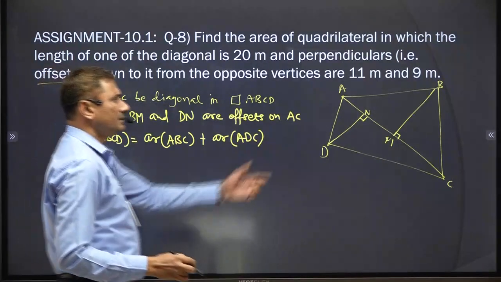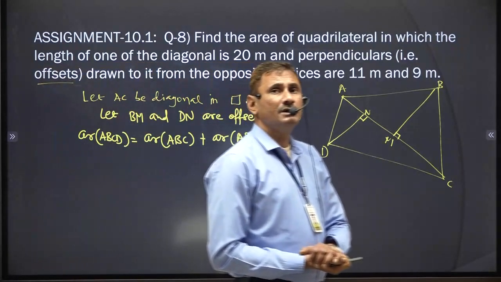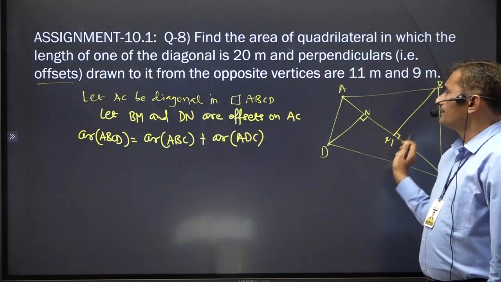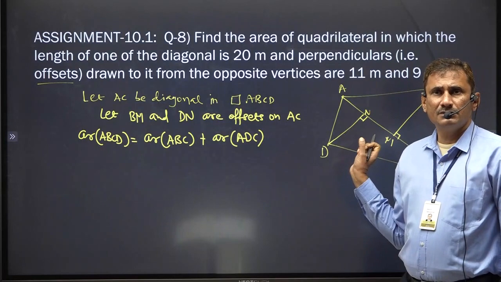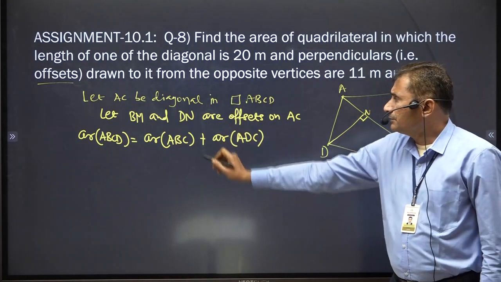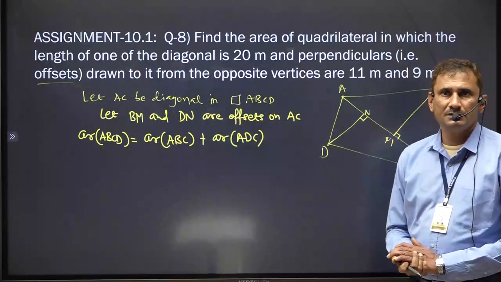Why have I drawn the figure and labeled everything? Because without a particular diagram with names, we cannot describe our solution.